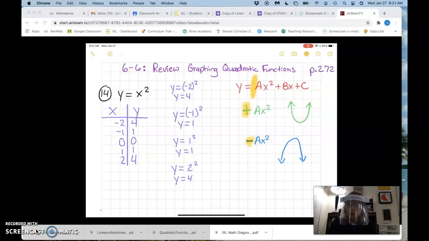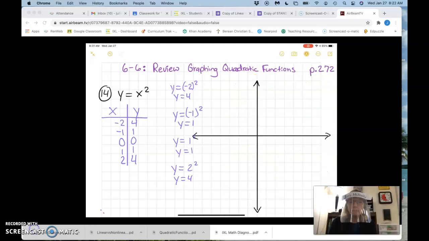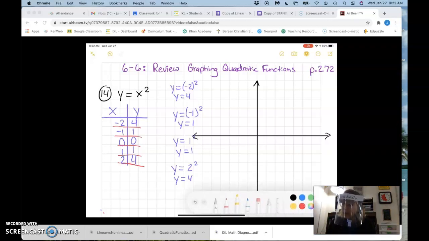So please, if you have not taken the notes down that are over here, you need to pause right now and copy that down because I'm about to erase it. Okay? And so now I'm just going to plot all these points that I found over here and draw my parabola. So I already know that my parabola opens which way, up or down?